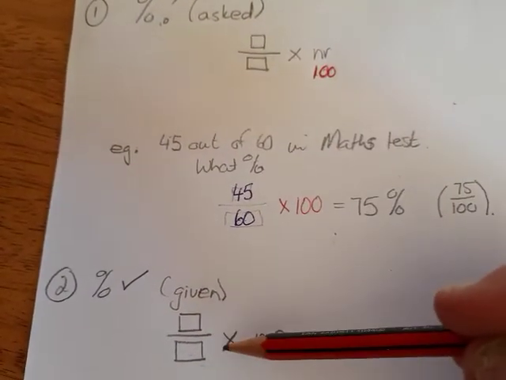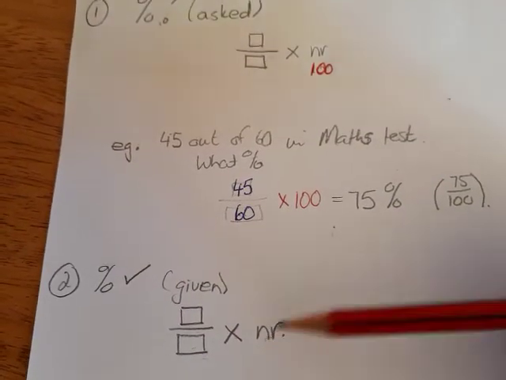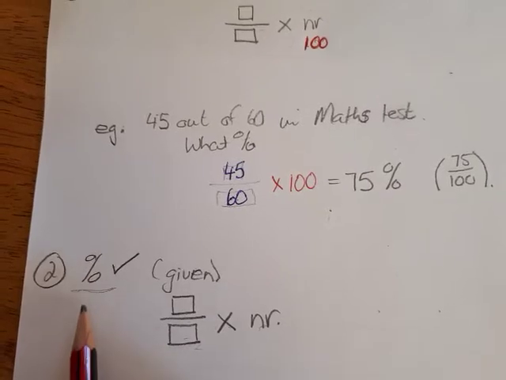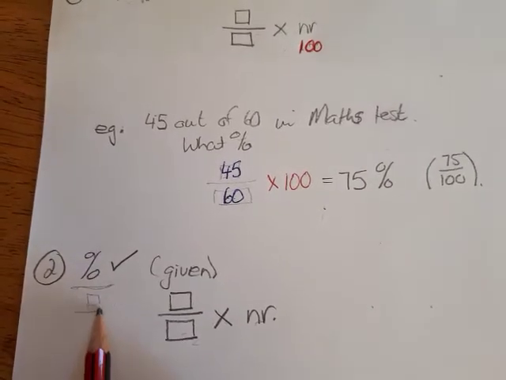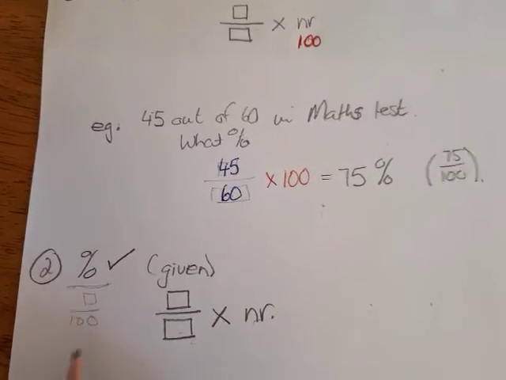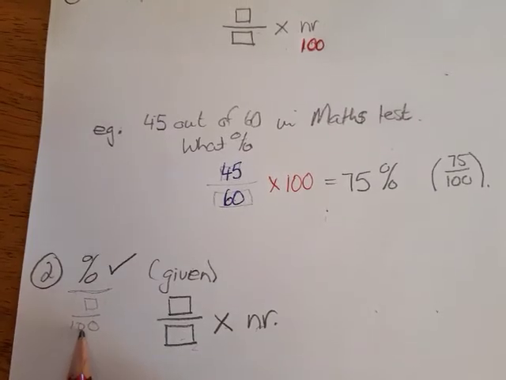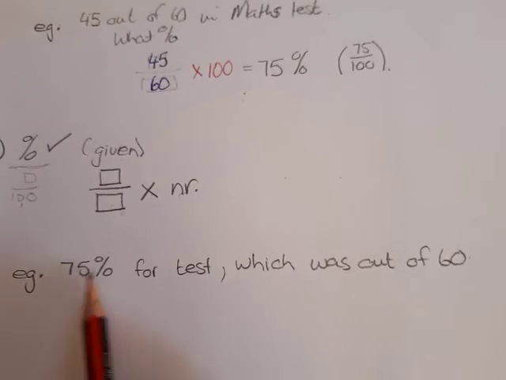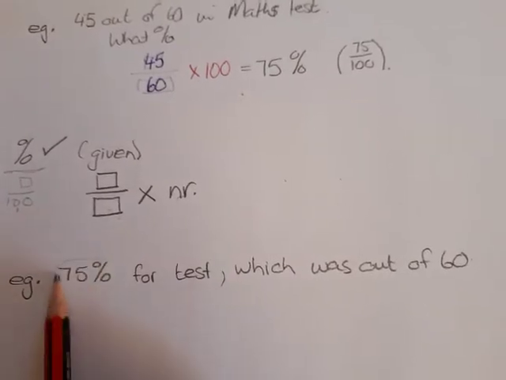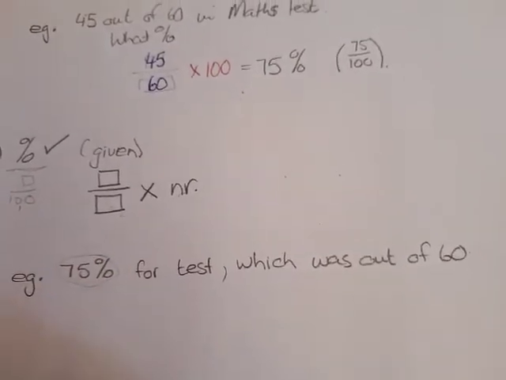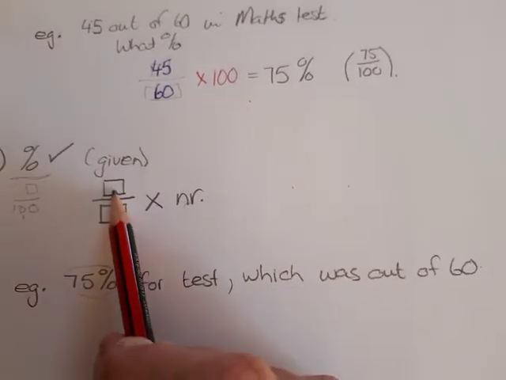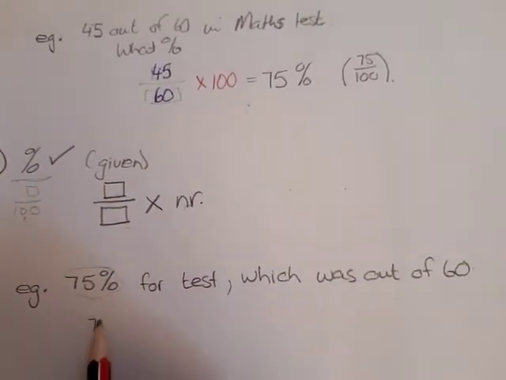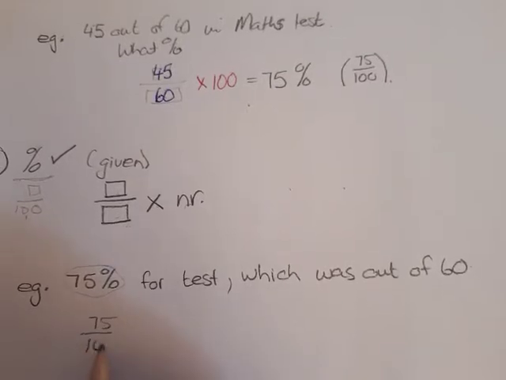But now remember, when the percentage is given, it is always already a fraction because it is out of 100. So in this case, people, it's really easy. If the percentage is given, this one makes up the fraction. So if we apply this now here, you will have 75%, meaning 75 out of 100.